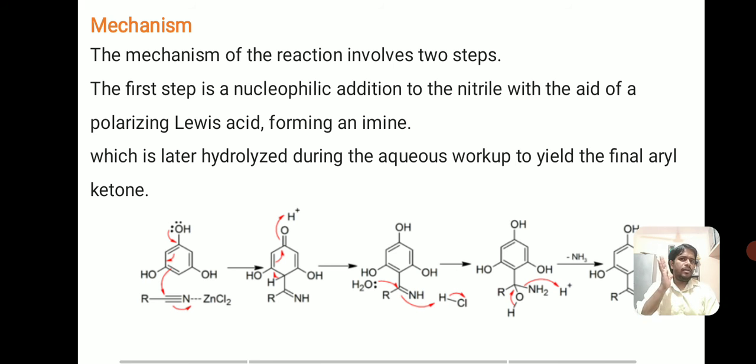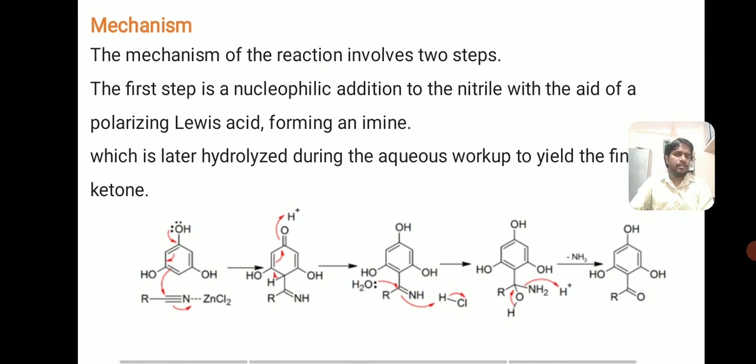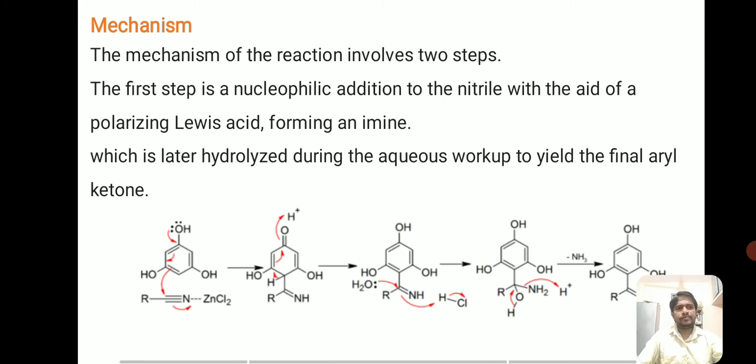In the next step, it is hydrolyzed during the aqueous workup, when we treat with water, to yield the final aryl ketone. When it undergoes hydrolysis, it forms a ketone, that is an aryl ketone. You can observe here the target compound is an aryl ketone.